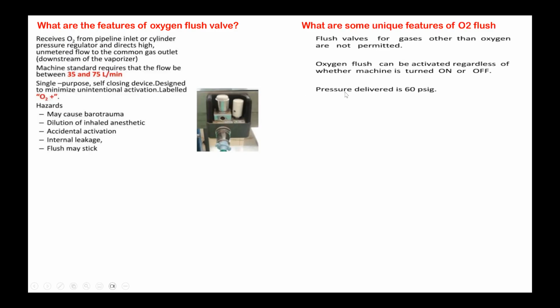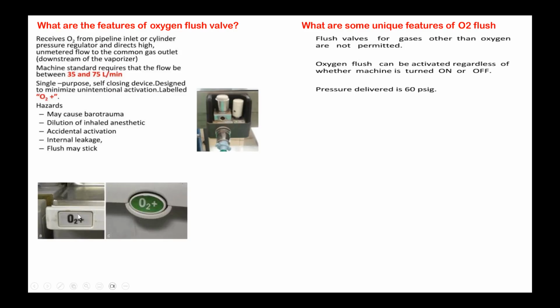And some unique features: the flush valves do not permit other gases. Oxygen flush can be activated whether the machine has electrical supply or not. Even if you do not switch on the power supply, it will be activated, and the pressure delivered is 55 to 60 psi, high pressure.